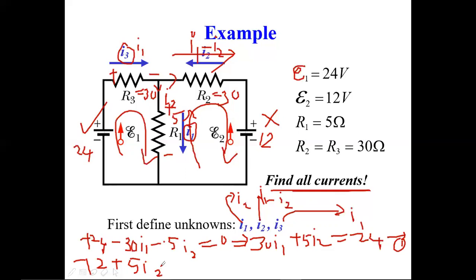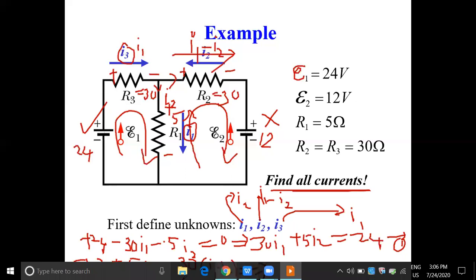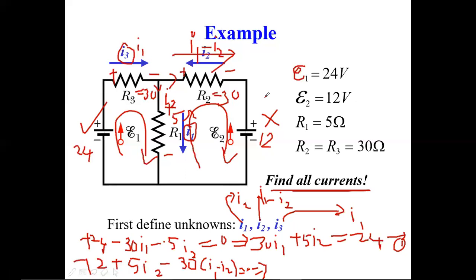Next, the leaving sign is minus 30 into I1 minus I2, is equal to 0. If I solve this equation, then what do I get? Minus 12. Let me write that equation one moment.